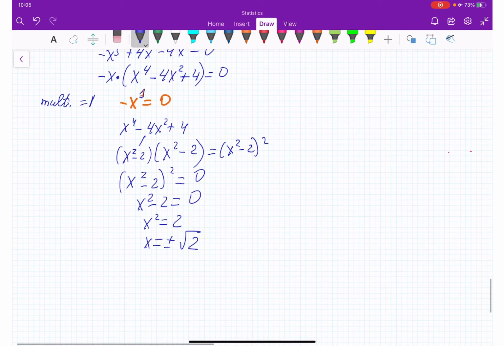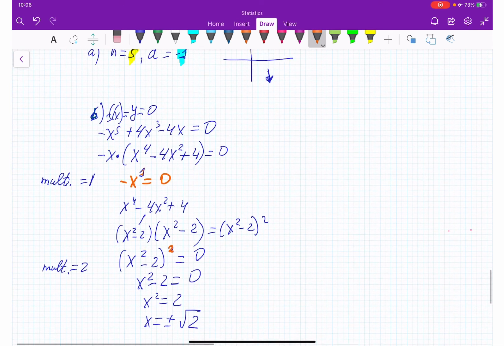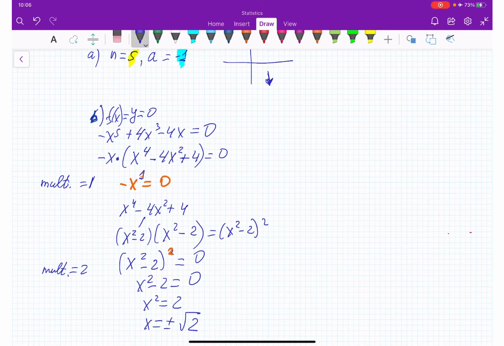And for this case, we get multiplicity equal to 2. Why? Because here we have these 2. So it's going to turn around the point. All right? So how is the graph going to look like here? Let's see. Building this point.